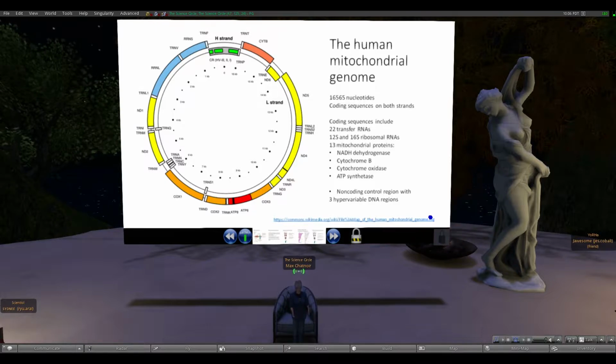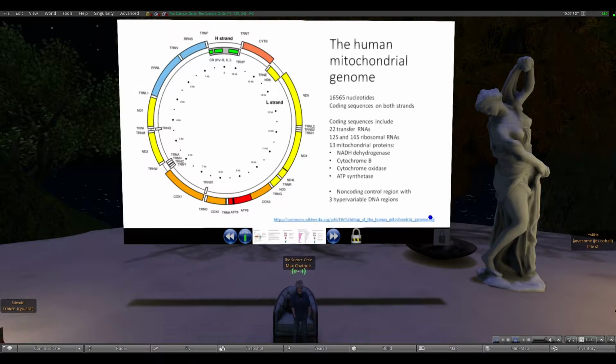Both of the strands of the genome are represented here, and you can see that most of the coding sequences, those filled colored bars, are on one of the two strands, which is called the heavy strand, and a few of them are on the other coding strand. That one's called the light strand.